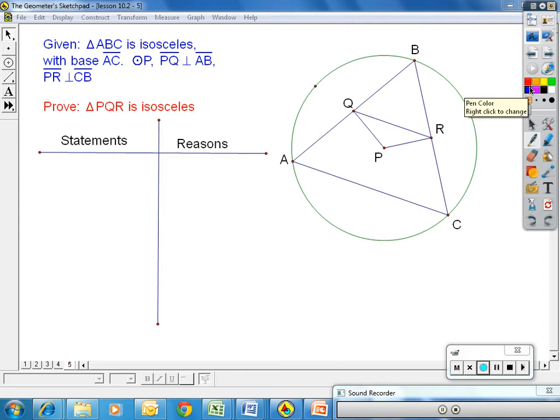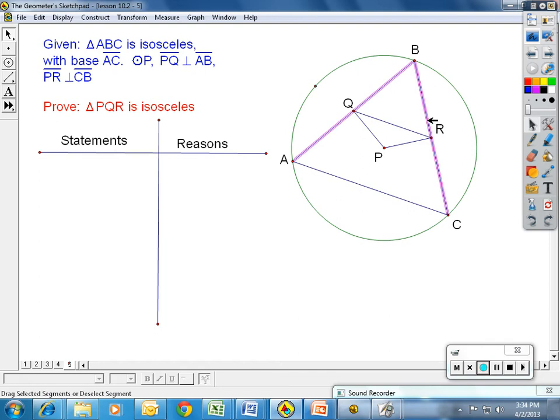So if this here is my base, that means my two legs that are congruent are those. So those two are congruent. I'm also given circle P. That's basically just saying that P is the center. And I'm given that PQ is perpendicular to AB, and PR is perpendicular to BC.